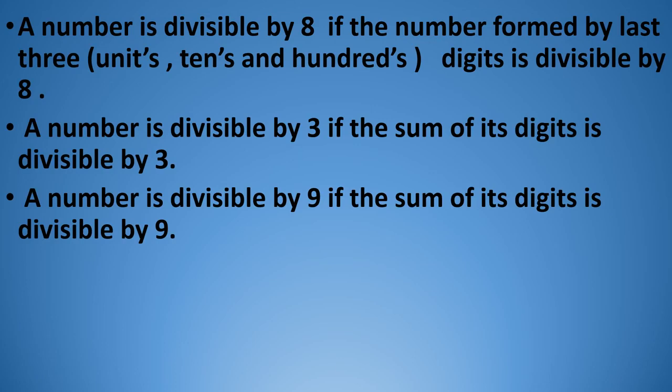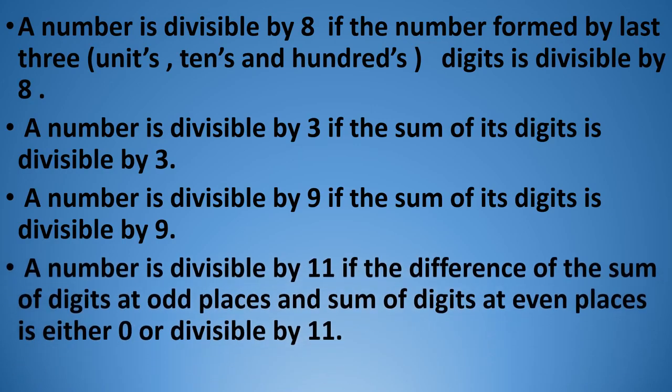Now check 11. A number is divisible by 11 if the difference of the sum of digits at odd places and the sum of digits at even places is either 0 or divisible by 11.